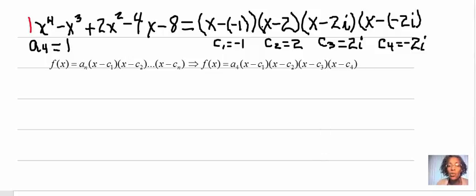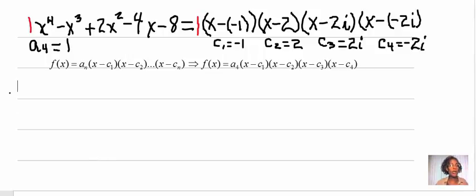So it doesn't matter which one of these factors you put first. And just to actually write the form, I'm going to put our a sub 4 in here, which is 1. And remember, that's an unwritten 1 in this particular problem. So let's put that in there to show that we have fulfilled this format for this particular problem.